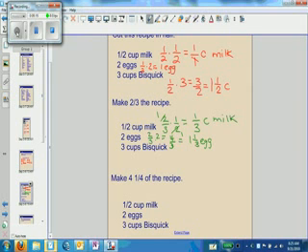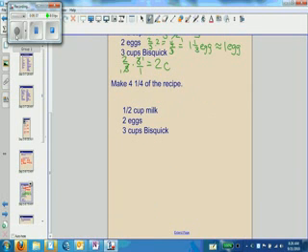We can't really do 1 1/3 of an egg, so we'll do 1 egg for our recipe. 3 cups of Bisquick: 2/3 times 3 cups, if you're doing 2/3 of 3 cups, cross cancel. We actually end up with 2 cups of Bisquick.